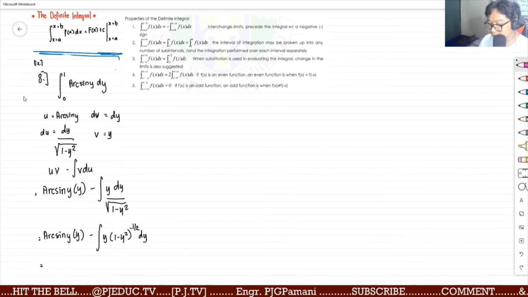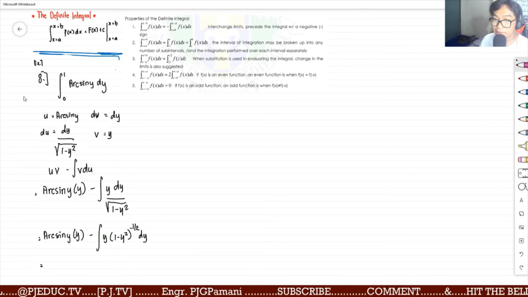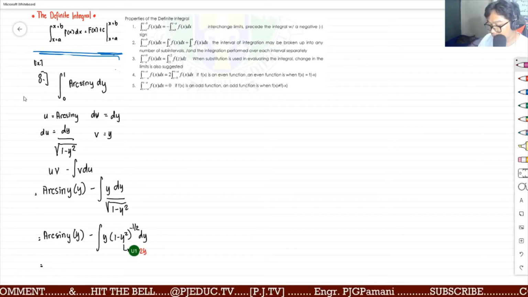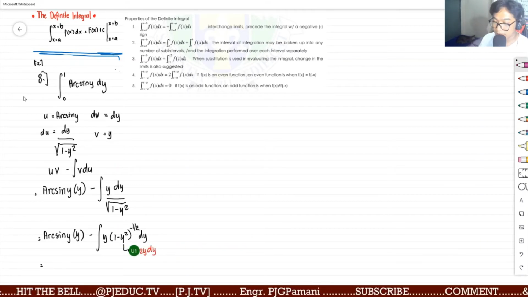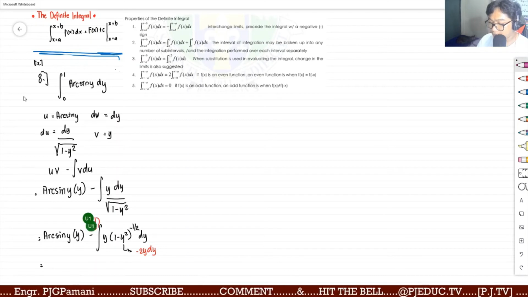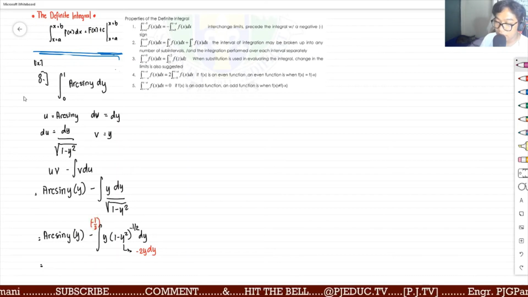Then take the differential of the term within the parentheses, 1 minus y squared. That is negative 2y dy, right? We have y there, so we introduce a correcting factor of negative 1/2.